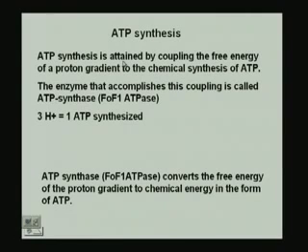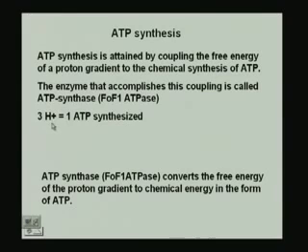Now, this ATP synthesis is attained by coupling the free energy of the proton gradient to the chemical synthesis of ATP, and the enzyme that accomplishes this is called F0F1 ATPase, and it is also called ATP synthase because it works in a beautiful manner.